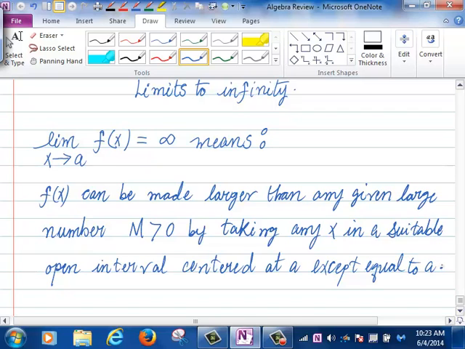Again, when I say except equal to a, it means that it doesn't matter what happens to the value of f at exactly a. What matters is what's happening to the values of f when x is near a.